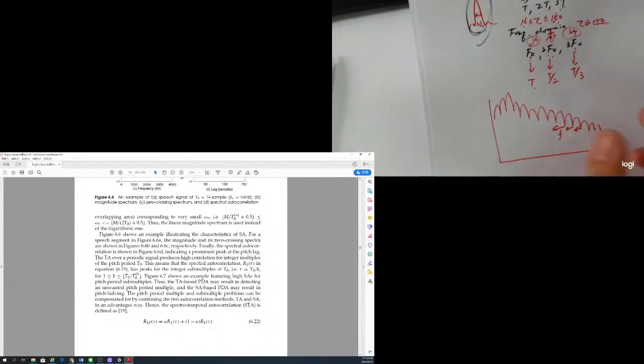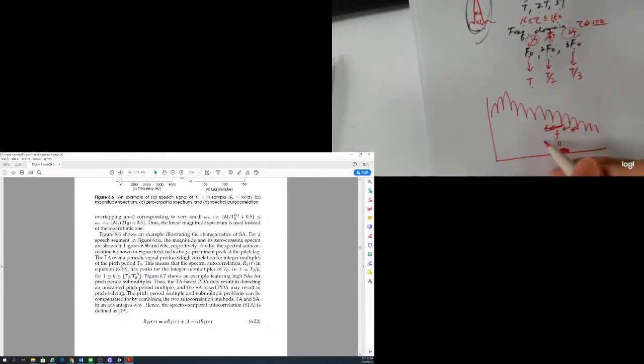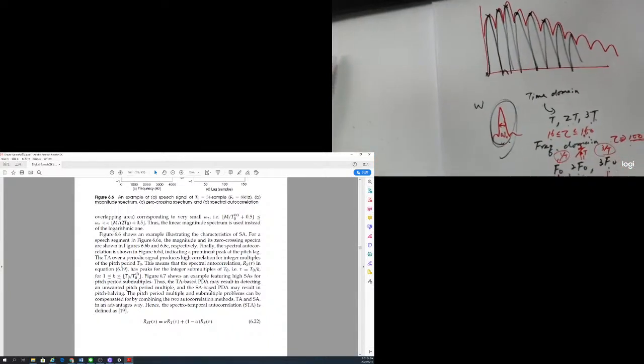If the shift of the frequency is close to omega 0, the fundamental frequency, you can align the peak to peak, so you can get the maximum value. However, maybe you shift to 2F0, so it will be double frequency and one half of pitch.